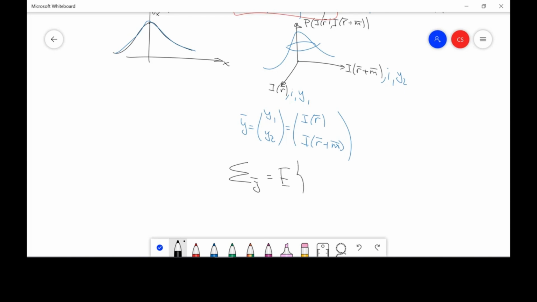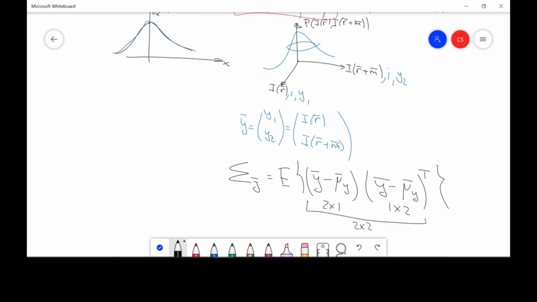It is the expected value of (Y minus the mean of Y) times (Y minus the mean of Y) transposed. Each is a vector. Let us analyze the sizes: this is 2 times 1, this is 1 times 2, so the whole thing is a 2 times 2 matrix.